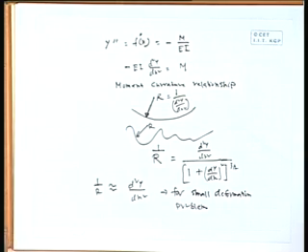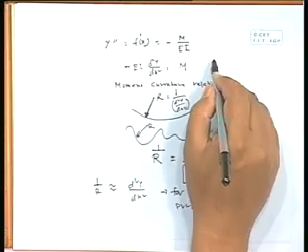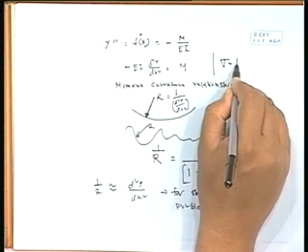This d2y by dx square is related to the bending moment with a factor EI, and some minus sign will come. Here I want to tell you, we can compare that equation with the normal stress strain relationship. A normal stress strain relationship is sigma equal to E into epsilon.